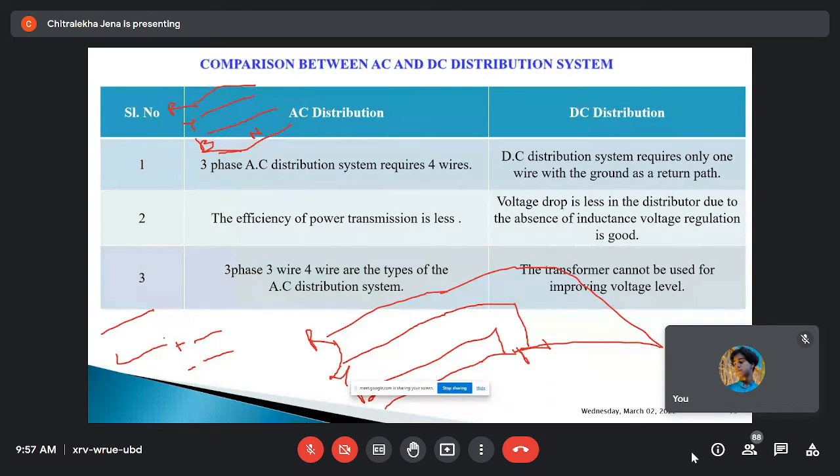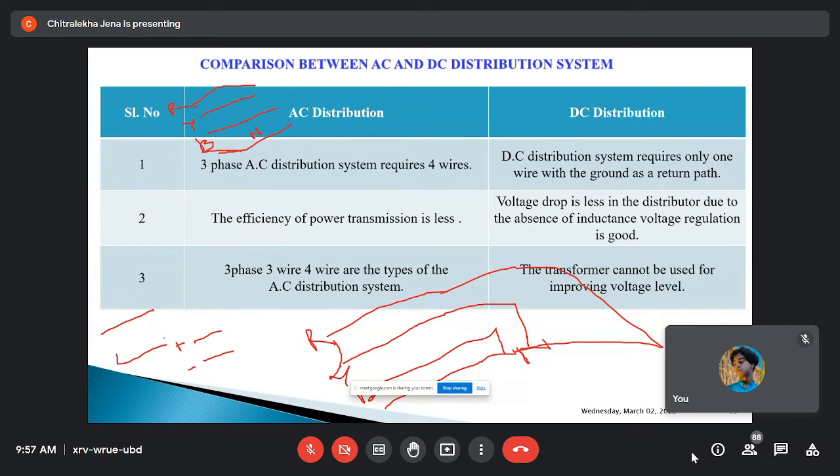Again I'm telling you, if the supply system is DC and you have used an inductor and capacitor in the system, then it will not work at all. Only resistors will work in the DC system, whereas in an AC system inductors, capacitors, and resistors all will work. When I start DC in the next class, I will tell you about all these circuit elements: inductors, capacitors, and resistors.